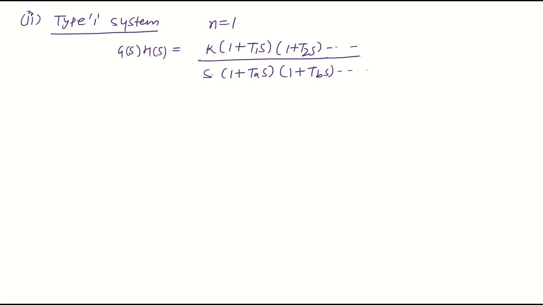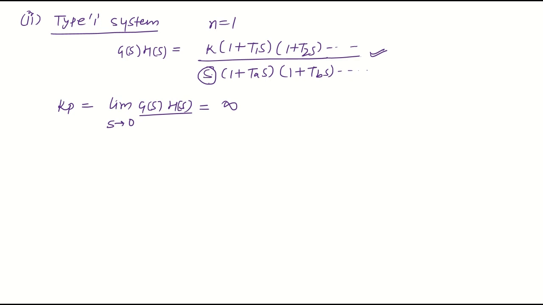Now for this system, let us determine the value of Kp first. So Kp is equal to limit s tends to 0 of G(s)H(s). Now if you put limit s tends to 0 in this expression, this s will make this infinite. So the value of Kp comes out to be infinite.